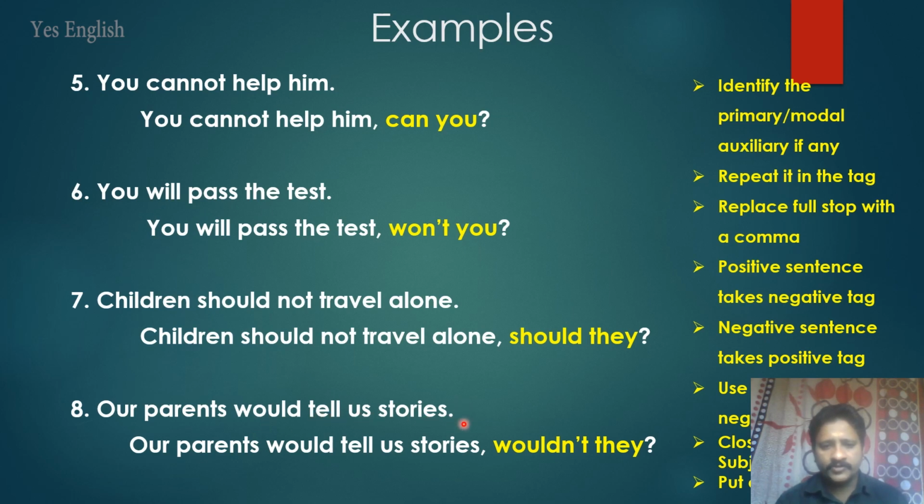First the full stop is replaced with a comma, and then will is a modal auxiliary verb, so it is repeated here, and this entire sentence is a positive sentence, so we use will not and use the contraction, that is won't. And instead of our parents, we use the plural pronoun they.